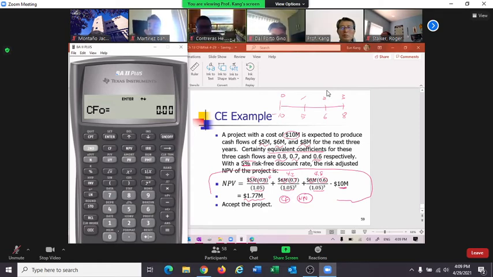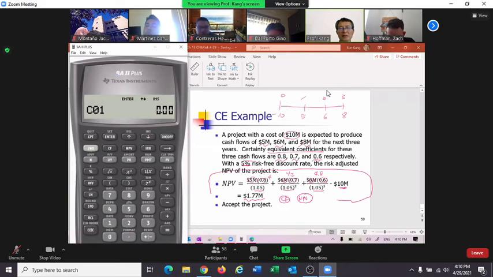10 million, but negative, right? Negative 10. Enter. And C1 is what? 5 million? Be careful. 4 million, because you have to enter the certainty equivalent.